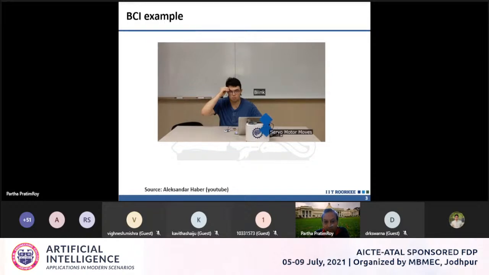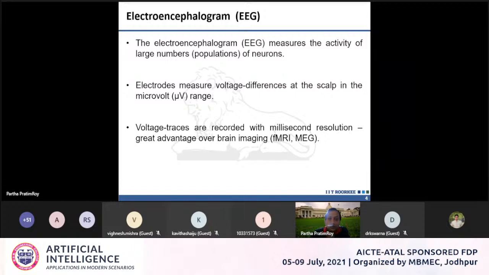So according to the stimulus, like eyes blinking or internal movements, there will be some change in the EEG signals, and that can be understood. Then you can use that for analyzing or developing some applications, which could be health related or others.